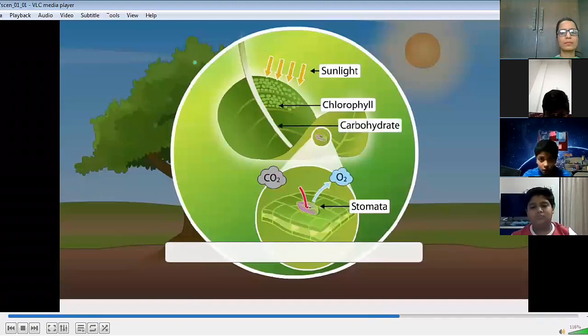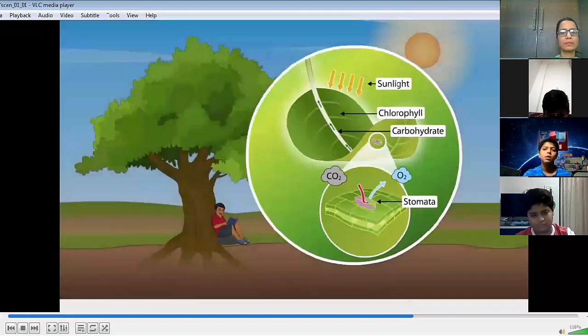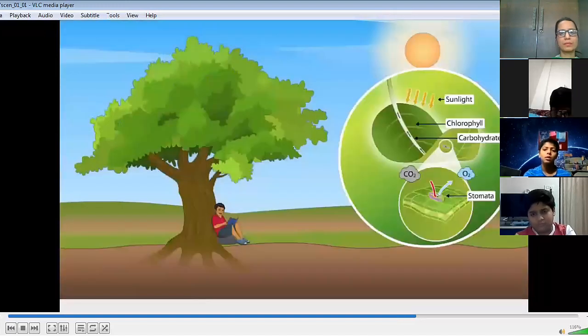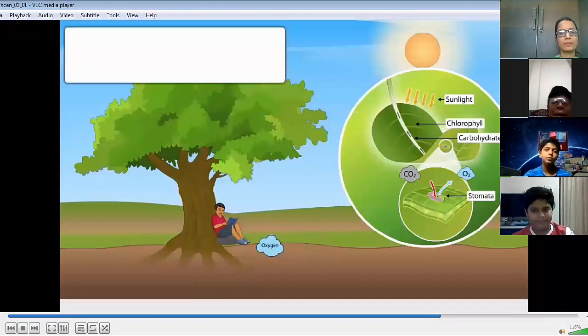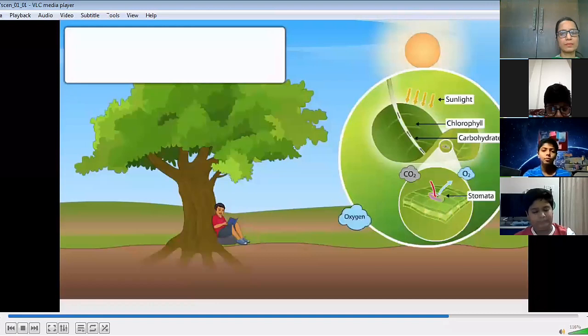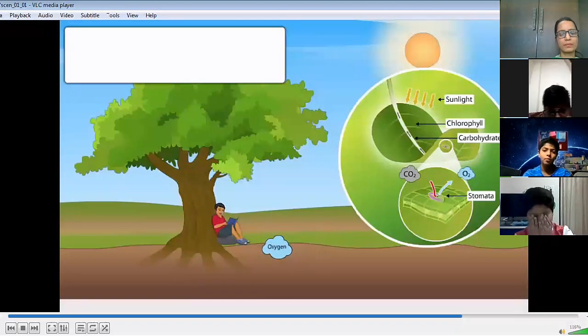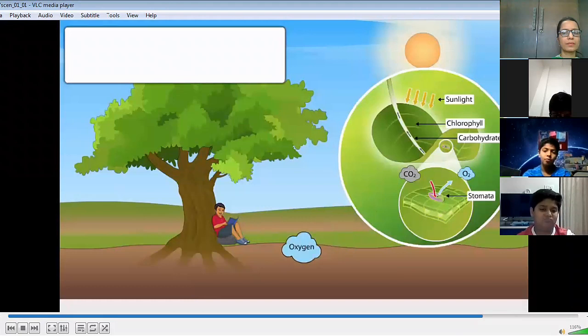The carbohydrate is transported to different parts of the plant as food. The oxygen produced is not required by the plant, so it is given out into the atmosphere. The oxygen given out is very valuable as it is used for respiration by all living beings. The carbon dioxide given out is again used by the plants to prepare their food, and the process continues.